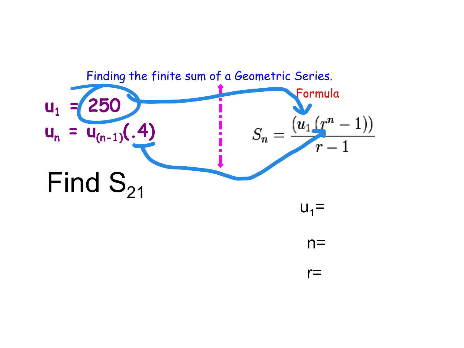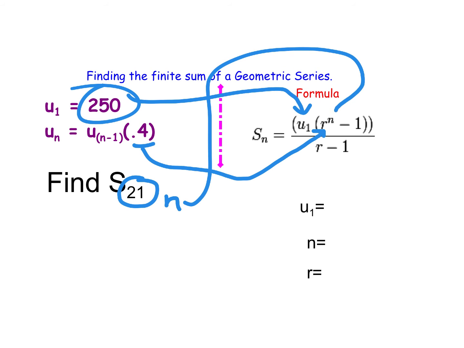To the N, that's the N. The little subscript is the N. That goes there. And then it's just minus 1. All over R minus 1. And we just said that R was this a second ago. That's R. So we put it there.